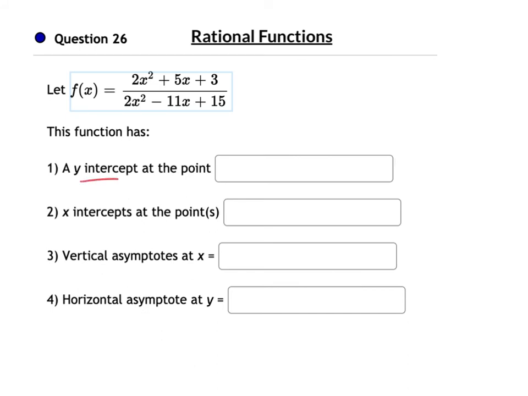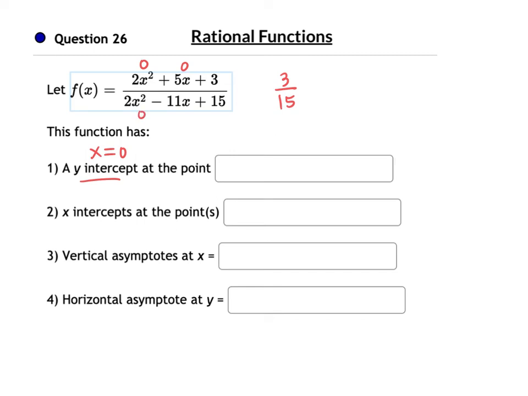If we're looking for the y-intercept in this first example, we know that x is 0. Notice that when you plug in 0, 0 squared is 0, 2 times 0 will be 0, 5 times 0 is 0, and the numerator will become 3. If I plug in x is 0 in the denominator, 0 squared is 0, 0 times 2 is 0, minus 11 times 0, which is 0, and I'm left with 15.